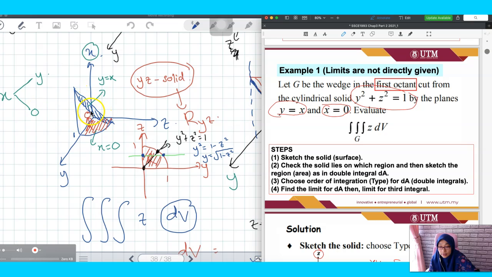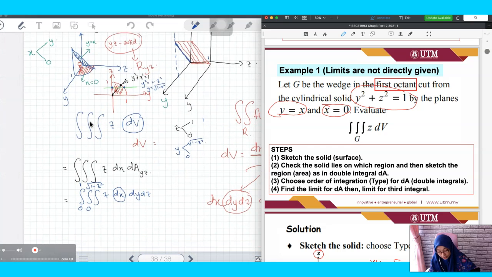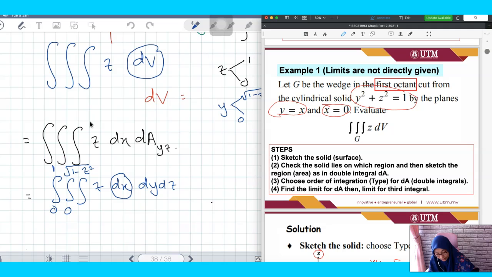The surface covering you here is part of the plane y equal to x. But we don't read y equal to, we read x equal to y. So now we have obtained that the limit of x is 0 to y. So we just substitute here, and then you can evaluate that.